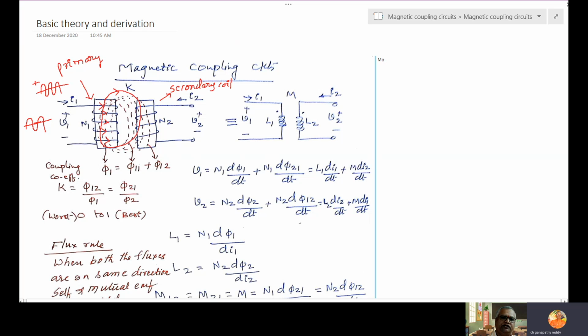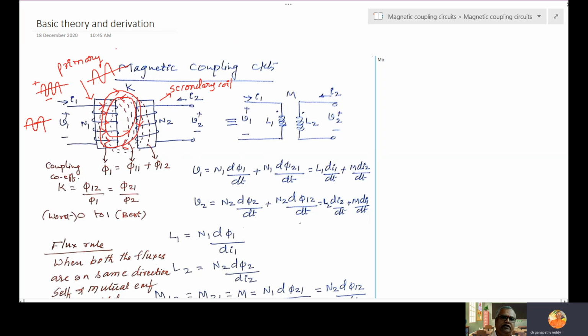This is the direction of flux as long as current I1 is positive. If the current is negative, the direction changes, and then the flux direction also reverses. So during the positive half cycle, the flux flows clockwise. During the negative half cycle, the flux flows anti-clockwise. So the flux is also sinusoidal.